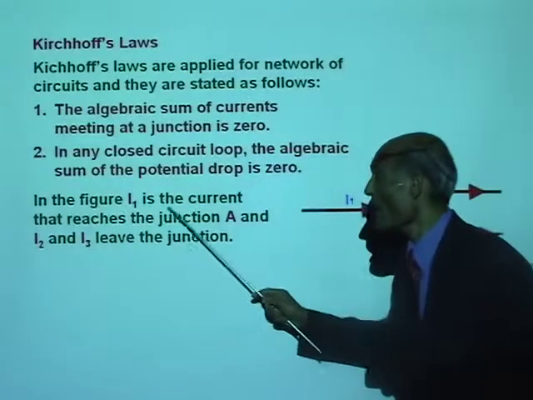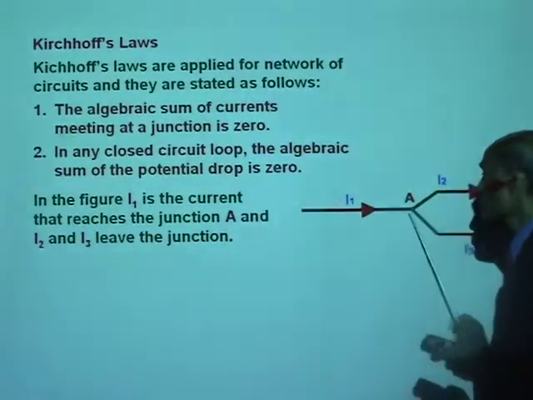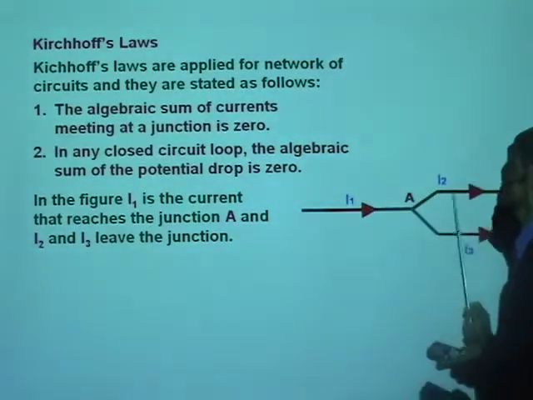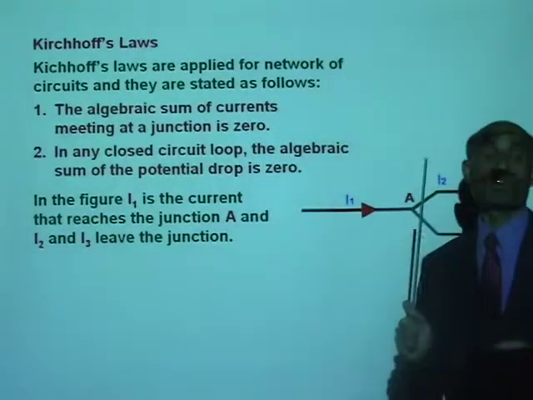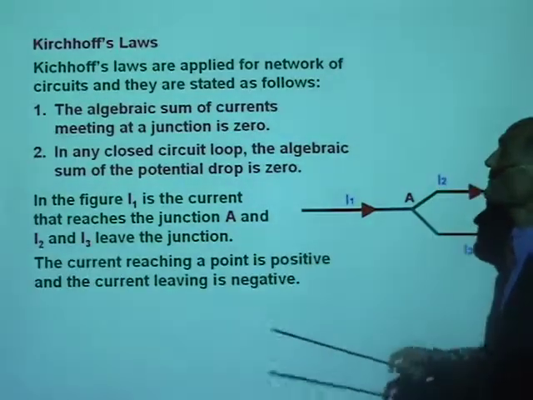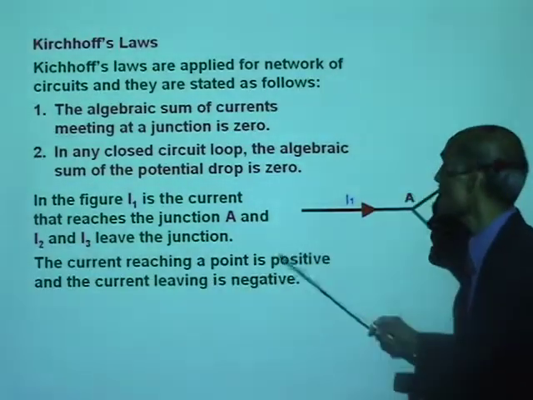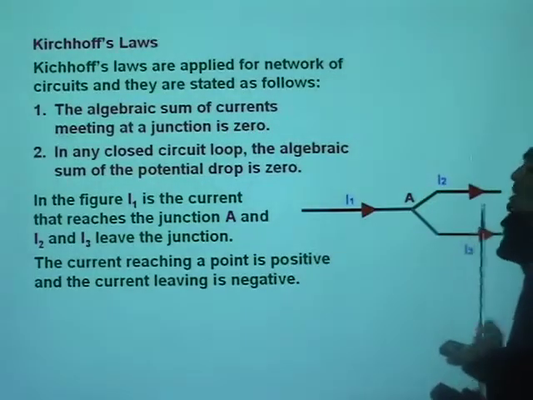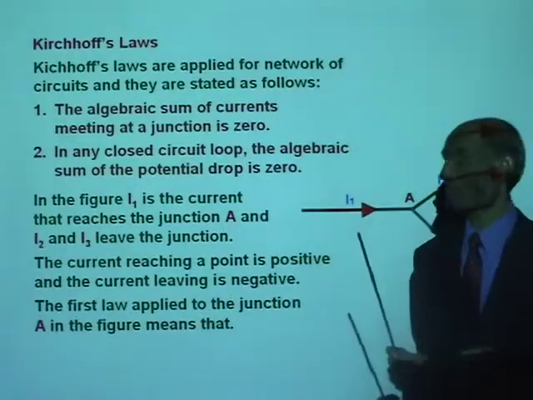In the figure, I1 is the current that reaches the junction A, and I2 and I3 are leaving it. So assign them your appropriate signs. What does that mean? The current reaching a point is positive, then the current leaving will be negative.